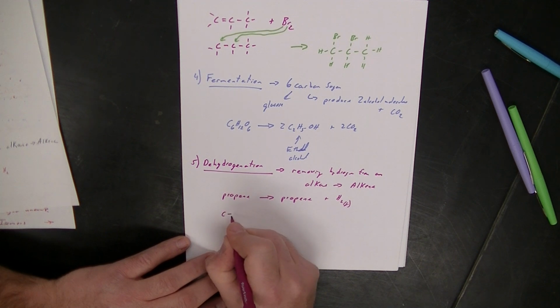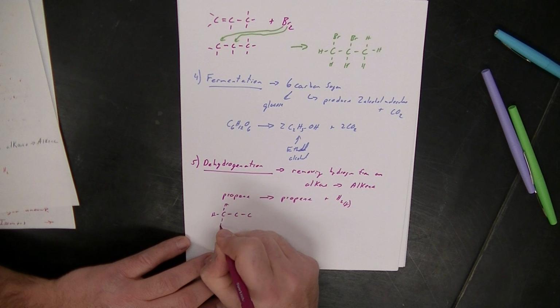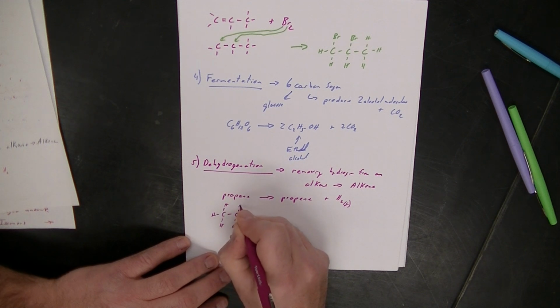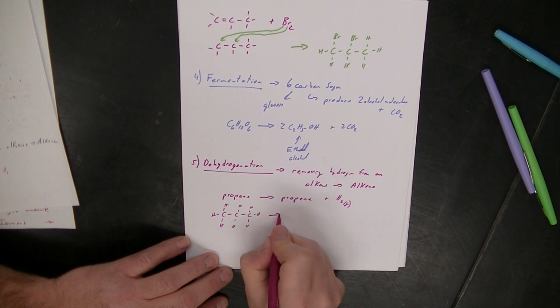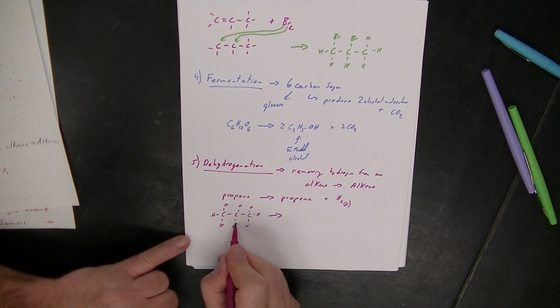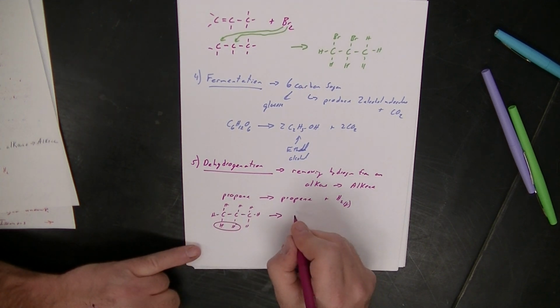So it looks like this. Right, two of these hydrogens are going to come off, and when they do, it forms a double bond.